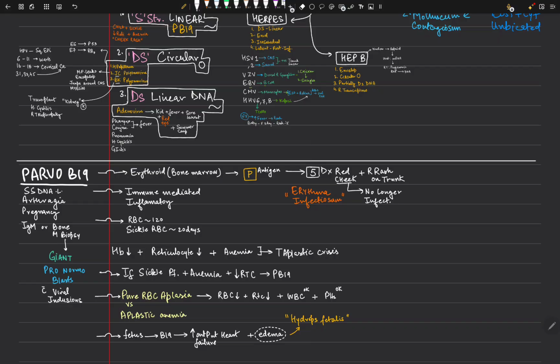And why is Parvo B19 such a common virus compared to other viruses with childhood rash? Because it's not lethal, that's why it's common. It usually gets resolved. I'm not gonna say much. So that's the end of Parvo B19. That's the complete thing you need for Parvo B19. You don't need anything more to solve questions, I think so.